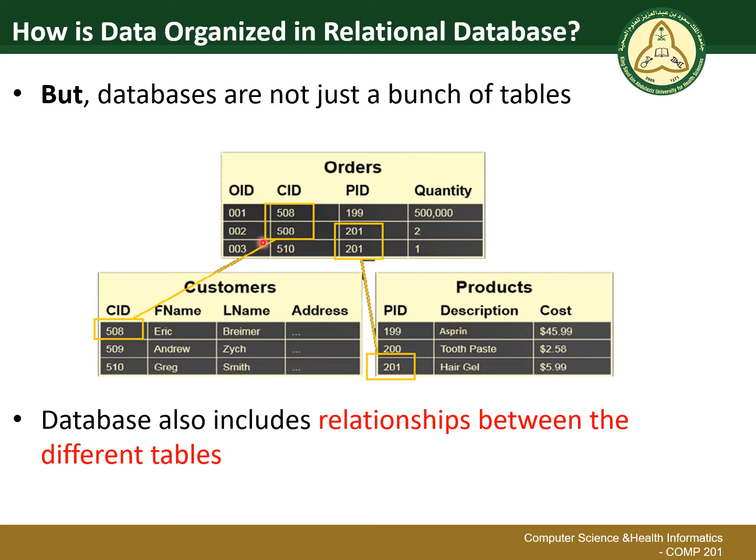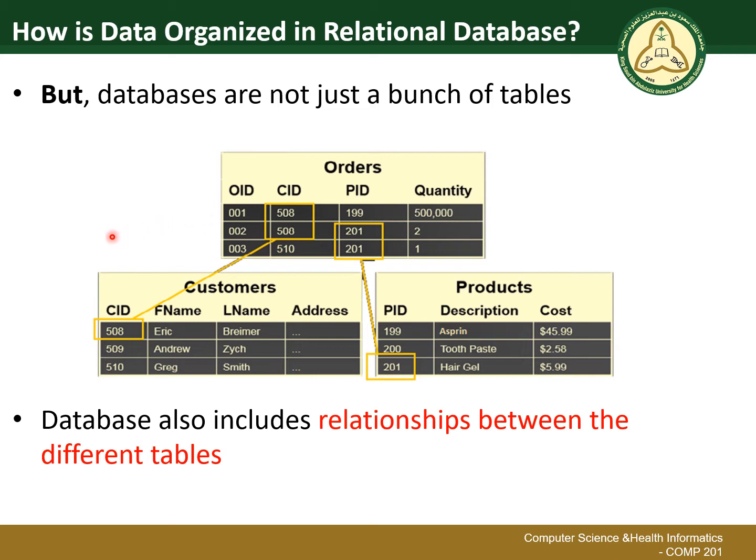So we will get the customer ID from the customers table, and we will create a relationship between these two fields. And also we will get the product ID, and we will relate it with the product ID from the products table. And in this way, we created relationships between the products table and the orders, and the customers table and the orders.